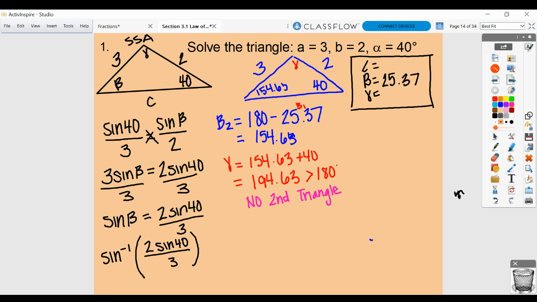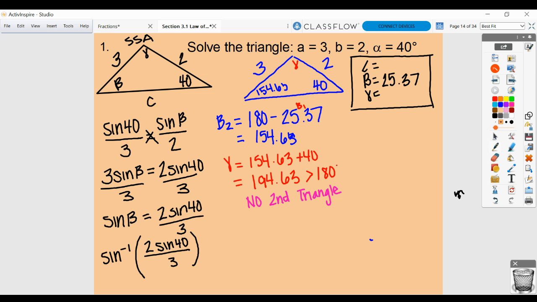So something to note, if this number is less than 180, then you will have two triangles. If it's over 180, then you only have one triangle. So now that there is no second triangle, you can ignore everything that's in this color and go back to finding this first triangle. So I need C and gamma. I can find gamma because I now have the other angle with beta.